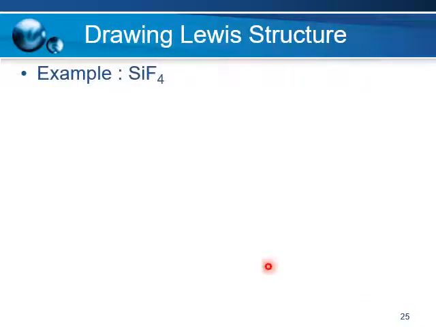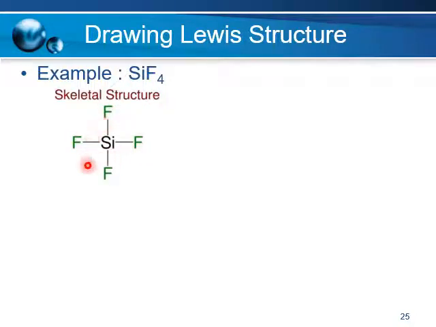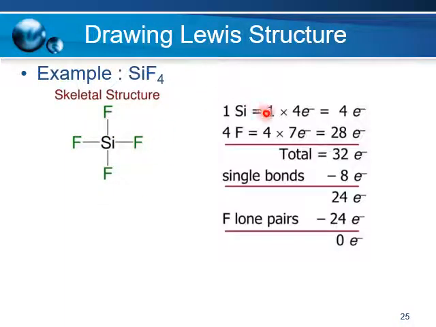Example, how to draw the Lewis structure of SiF4. First thing first, which one is more electronegative? F4 is more electronegative. Si is least electronegative, so Si will become the center. We predict the structure will be like this: Si, F4. Number 2, we count how many silicon.